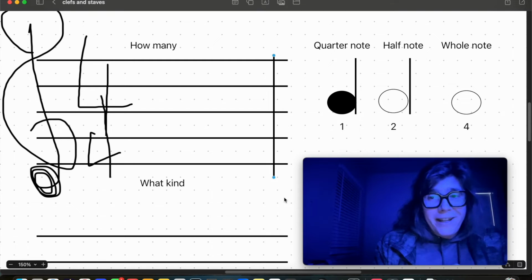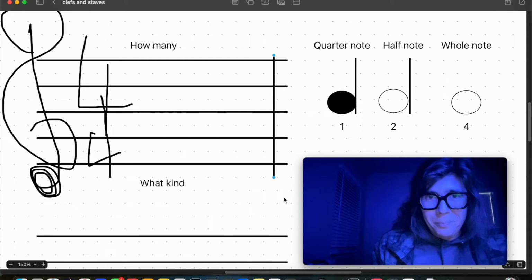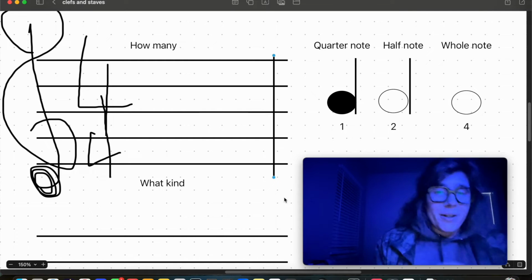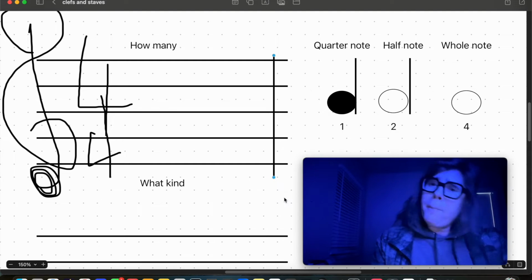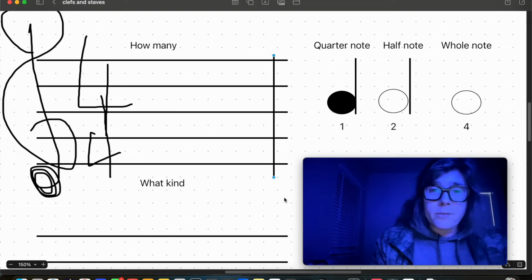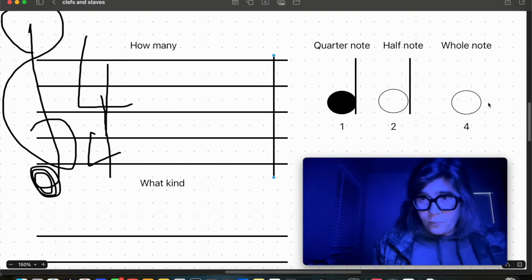If you're writing this by hand, obviously there's no software to help you, so you need to be able to count through these things. So if we were to think about populating this measure with notes, we could not exceed the value of 4. So that means we could use how many whole notes?